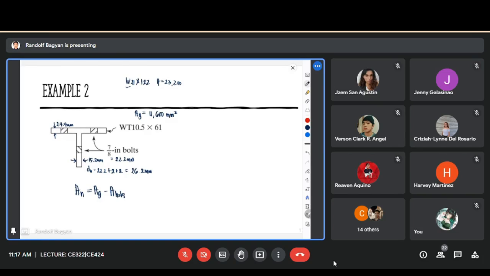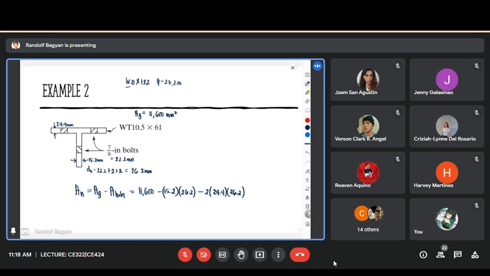That is equal to 11,600 minus, una dito sa web, 15.2 by diameter ng hole 26.2, minus dalawa sa flange, 2 times 24.4 multiplied by diameter ng hole 26.2.